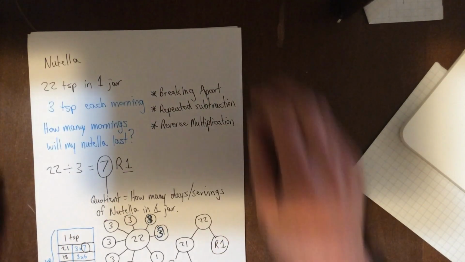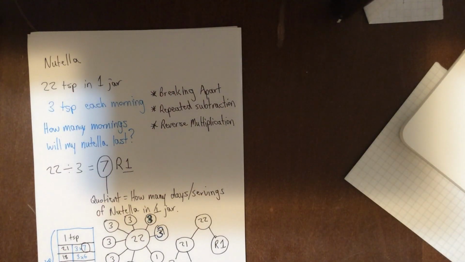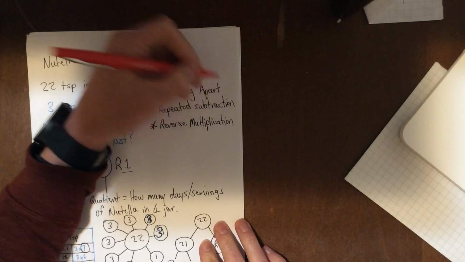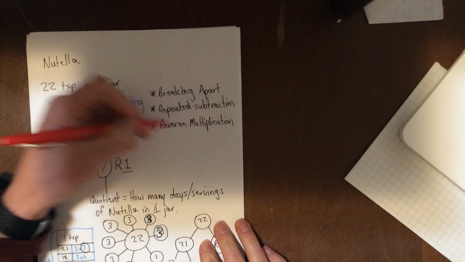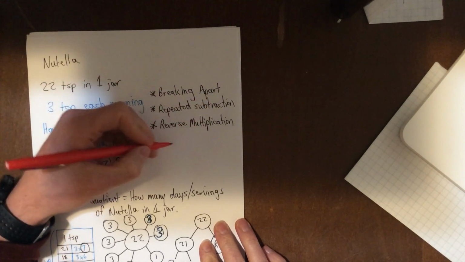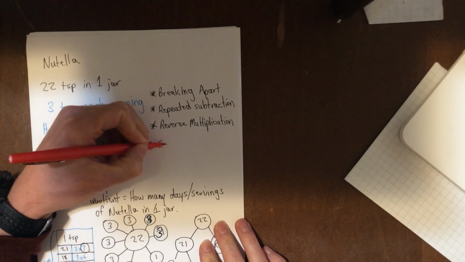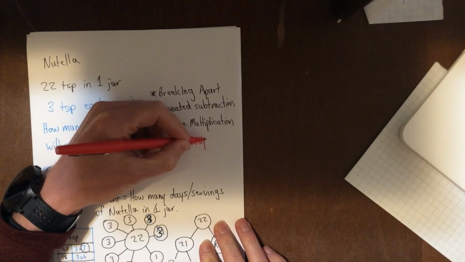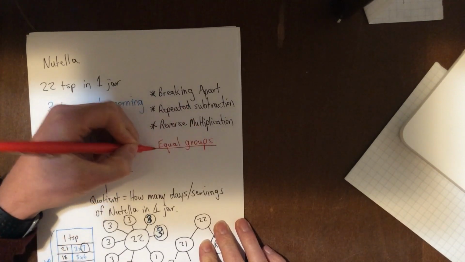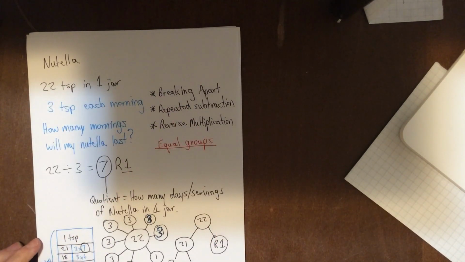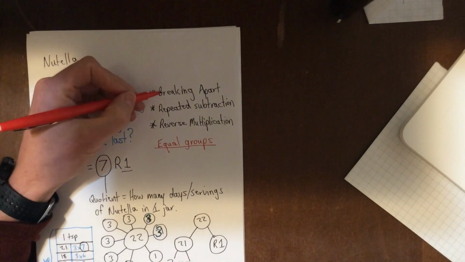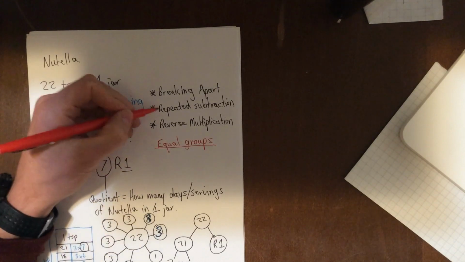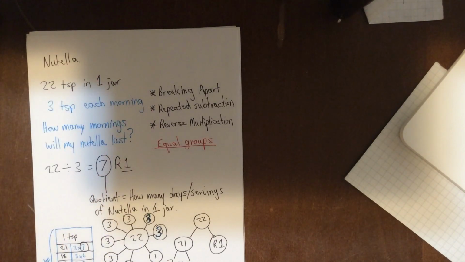Okay? But some really important things to keep in mind is that if we're breaking apart in all of these, repeated subtraction, that we have equal groups. So just like multiplication where we're adding equal groups, this is breaking apart into equal groups or taking away equal groups.